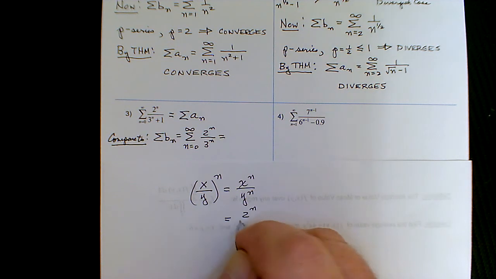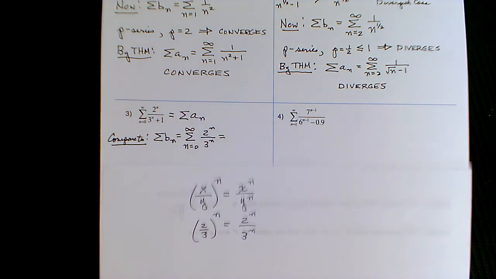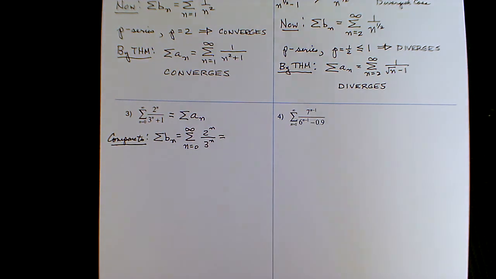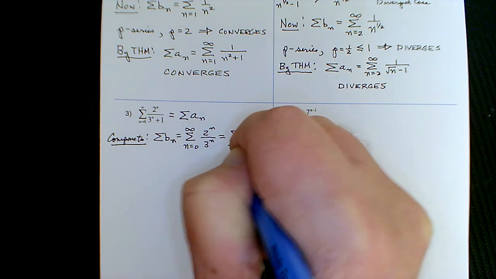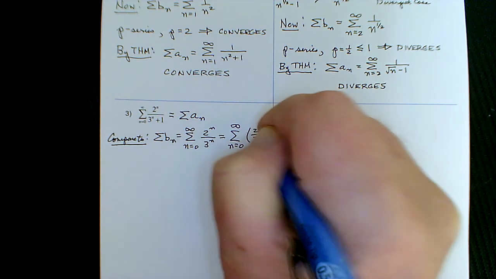We have 2 to the nth over 3 to the nth, and reversing the rule, it's different bases, but the same variable power. We could express it as 2/3 raised to the nth power. And so if we take the time to show that, then this is now in standard geometric form. So that's a little trick there.